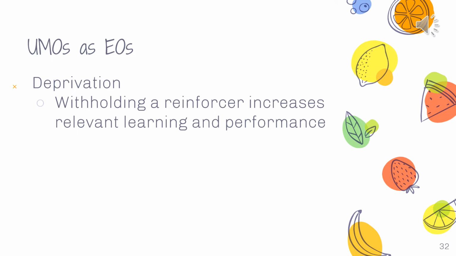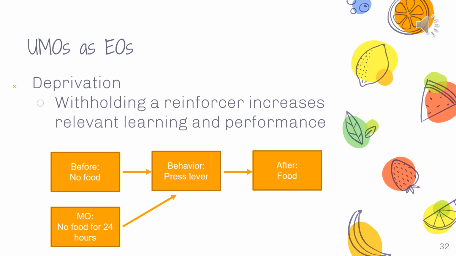This is defined by Malott and Shane as withholding a reinforcer increases relevant learning and performance. If we take a look in the Skinner box, an MO of food deprivation will increase the effectiveness of food as a reinforcer and will also increase responses that have been consequated with food.